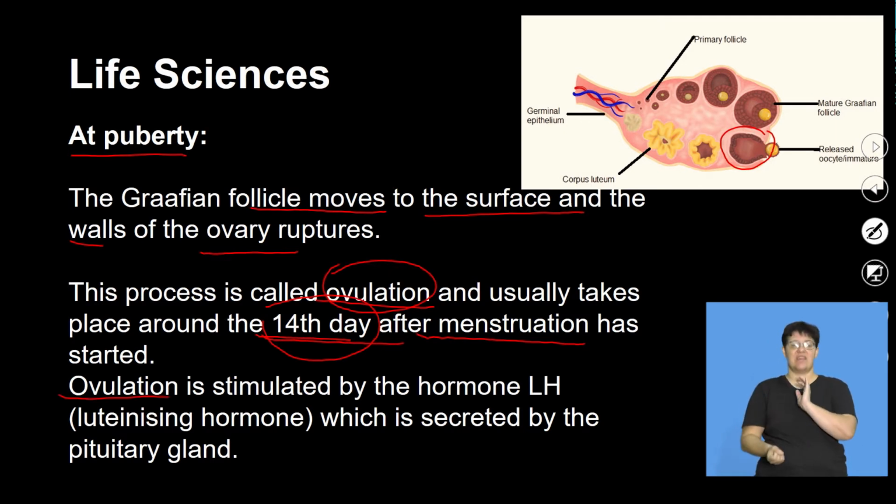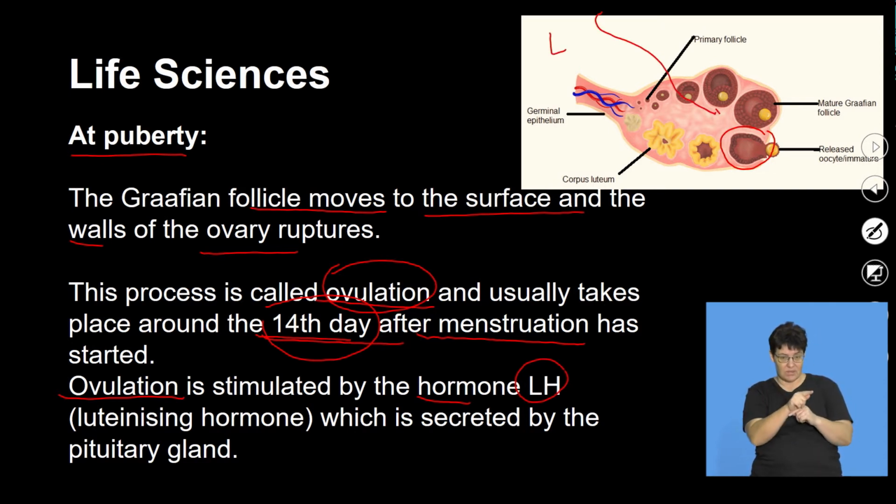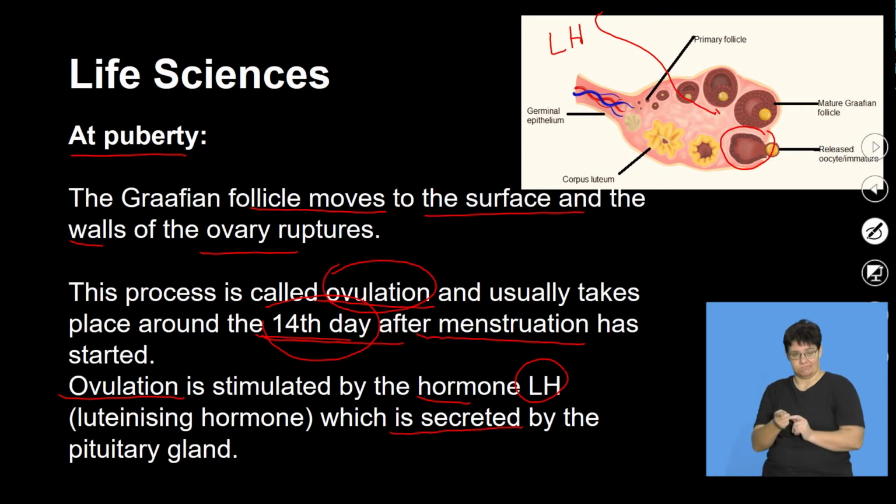The process of ovulation is stimulated by a hormone called LH. So the pituitary gland releases a hormone called luteinizing hormone, or LH, and that targets the mature follicle so that the follicle ruptures and releases an egg.